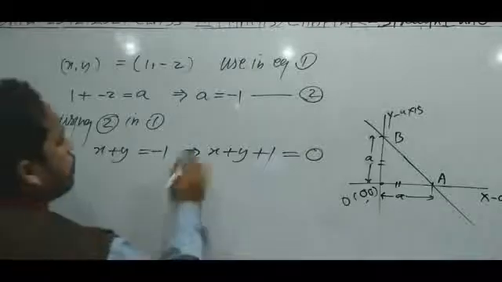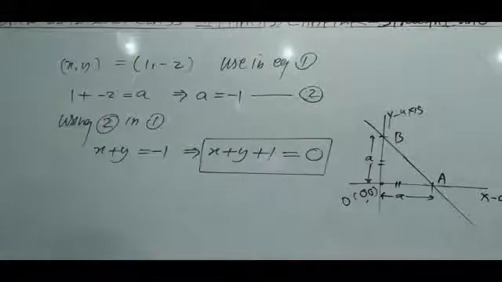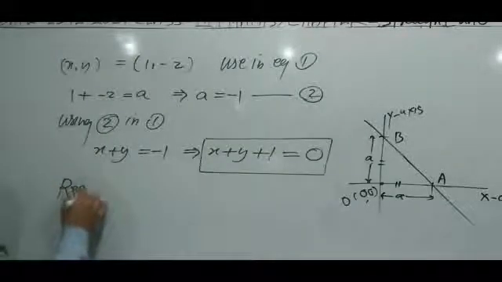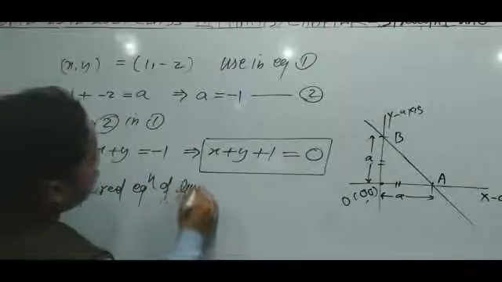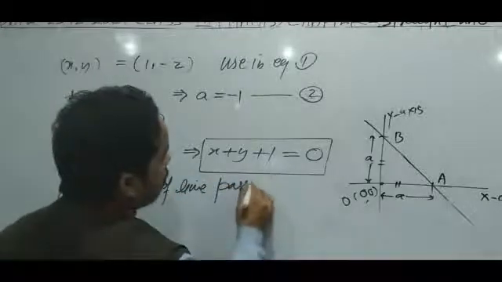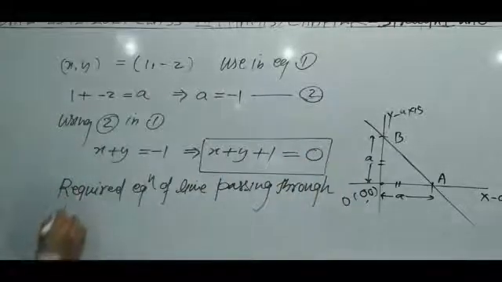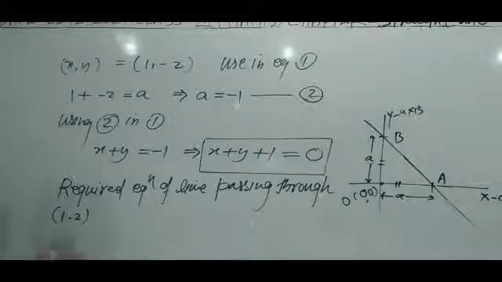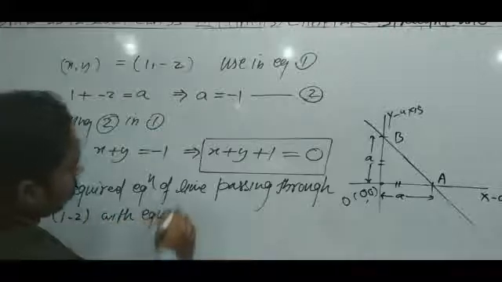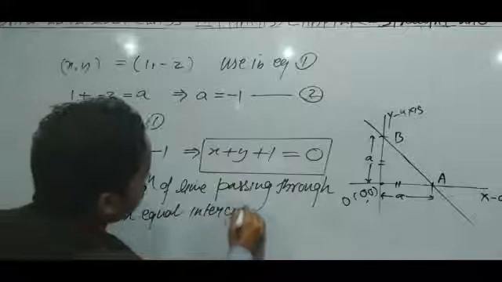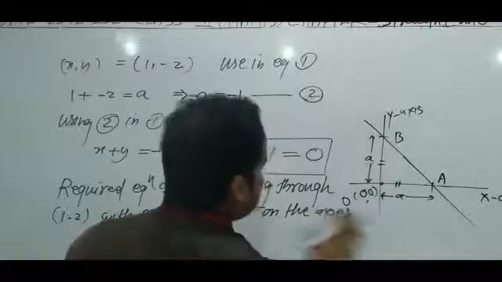This is the required equation of the line passing through (1, minus 2) with equal intercepts on the axes.